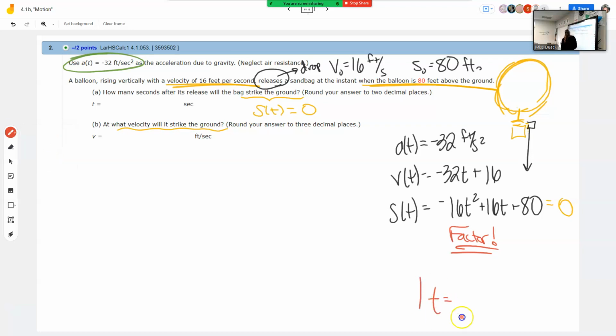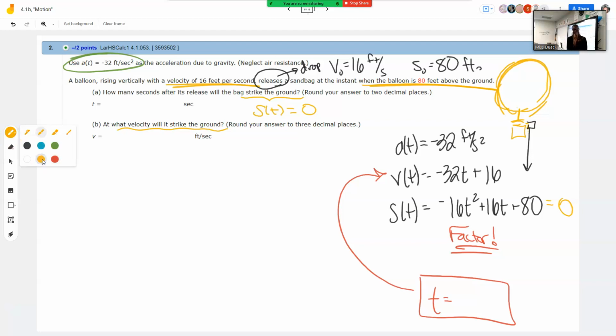We're going to find that time by factoring and setting equal to 0 and choosing the positive one. Then we're going to plug it into the velocity to know part B. Part A says, what was the time to begin with?